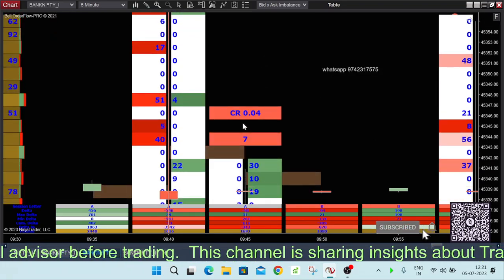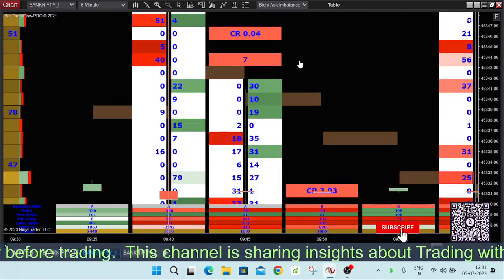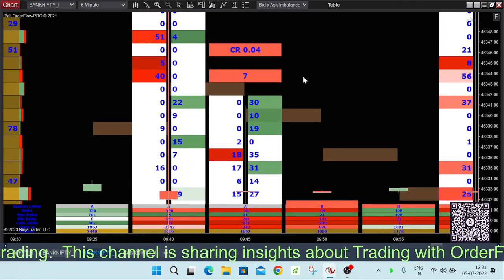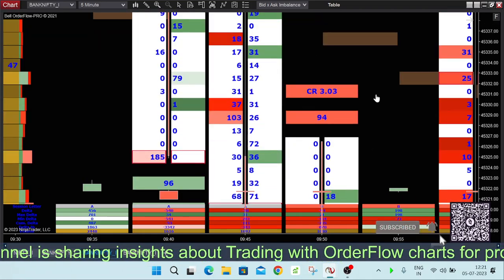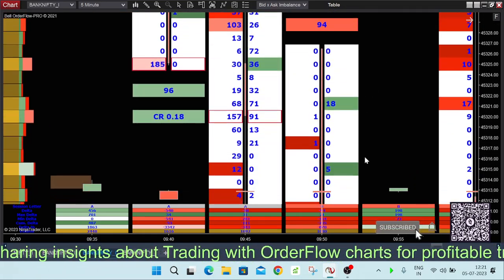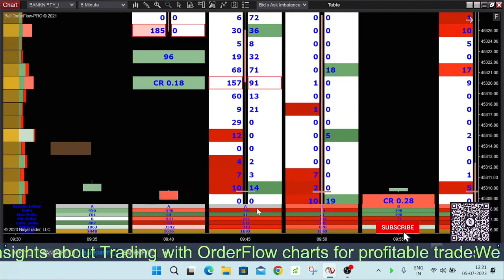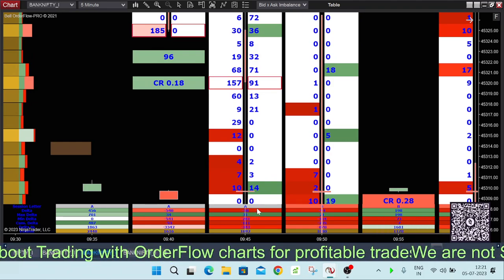And again, the buyers were selling to push it up, and that is why the seller's COT ratio is less. Though the buyers were selling, trying to push it up, the delta was still negative. So we continued to hold the trade.